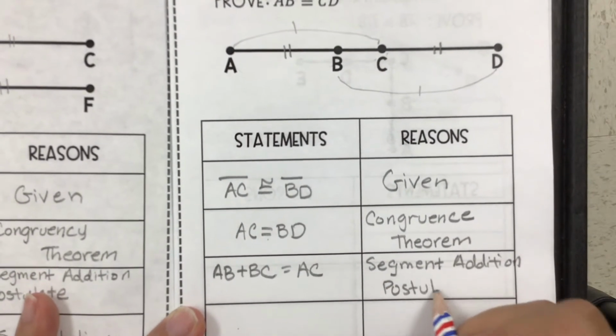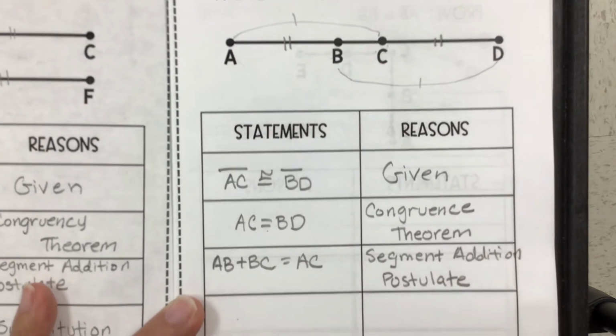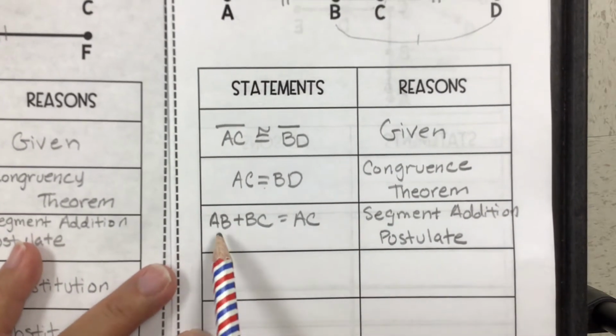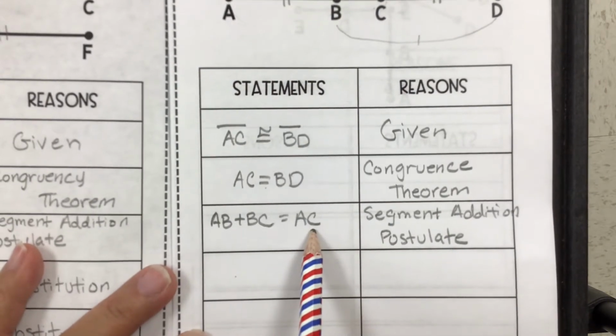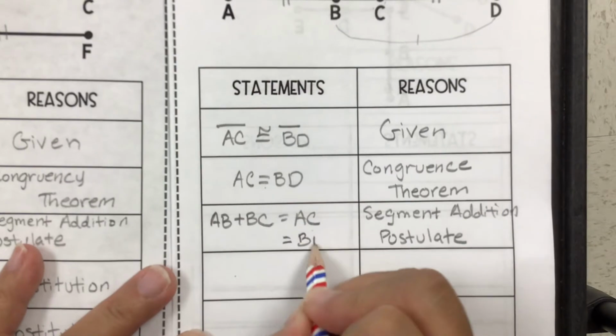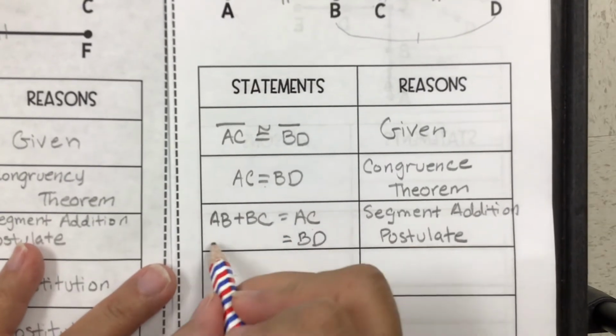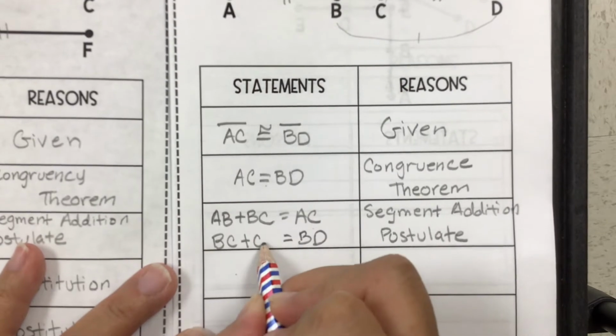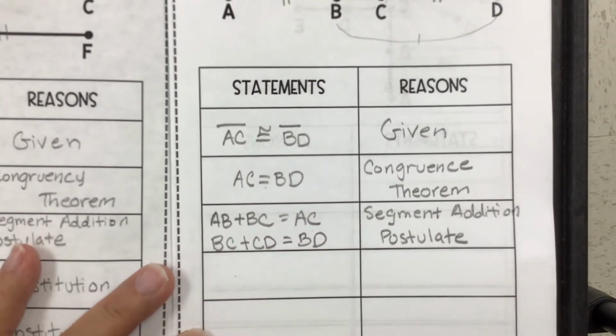For the test, please do not take shortcuts. Write it all out. Since I can say it about AC, I can also say it about BD. BC plus CD is equal to BD.